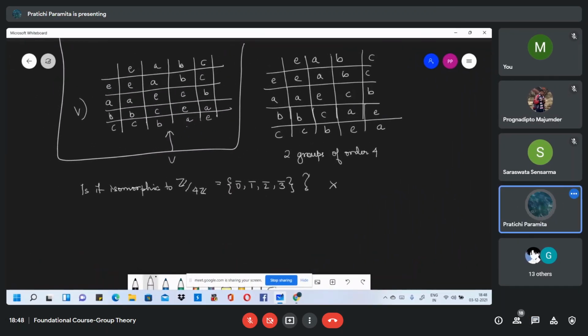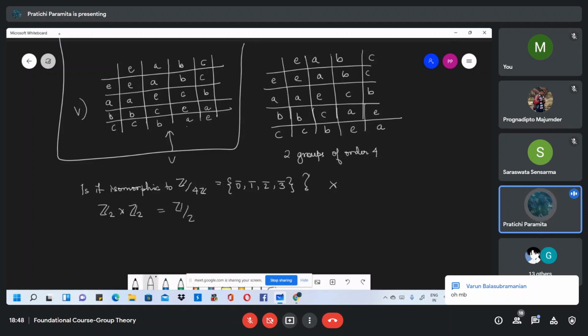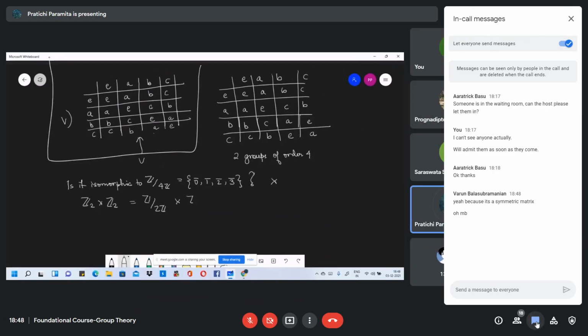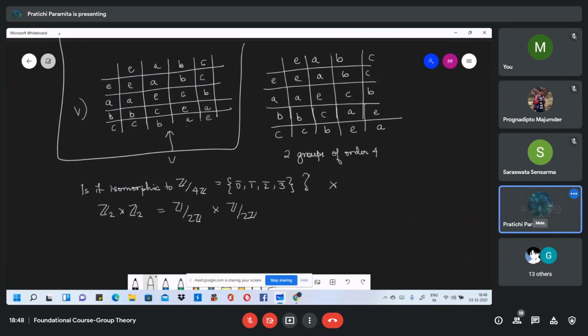That means it is isomorphic to some other group of order 4, and I will claim that it is isomorphic to Z2 cross Z2. This is nothing but Z mod 2Z cross Z mod 2Z. This is the Cartesian product, and it has these elements: (0, 0), (0, 1), (1, 0), and (1, 1).